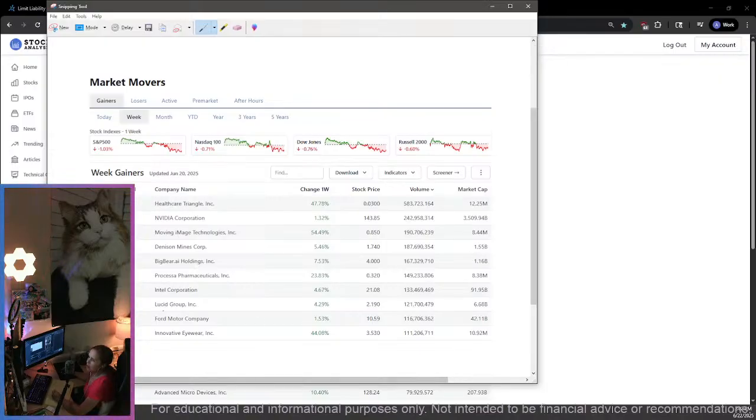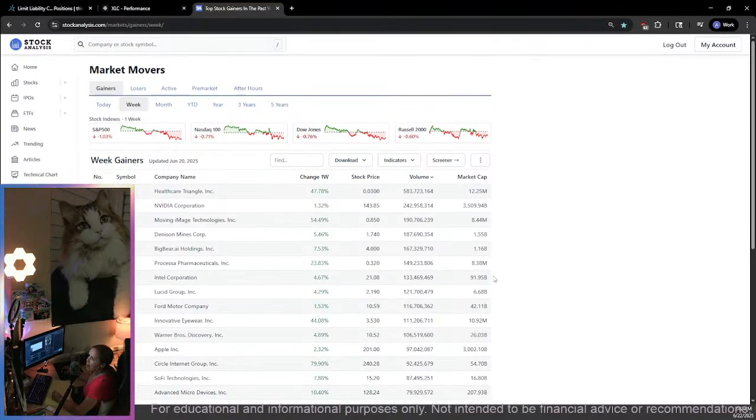Interesting. I'll have to look at the charts of these. Let me get both the losers and the winners, and then I might look at some charts. This is by volume, and then we want to do by market cap.